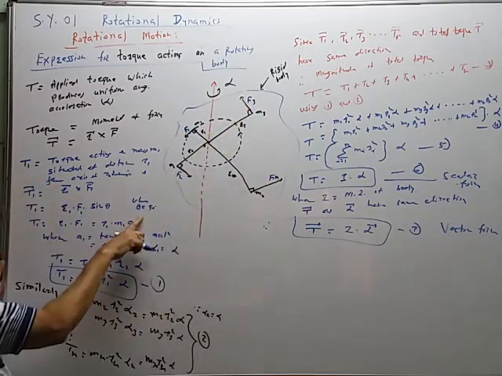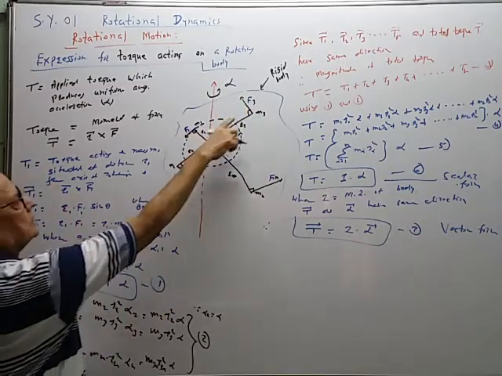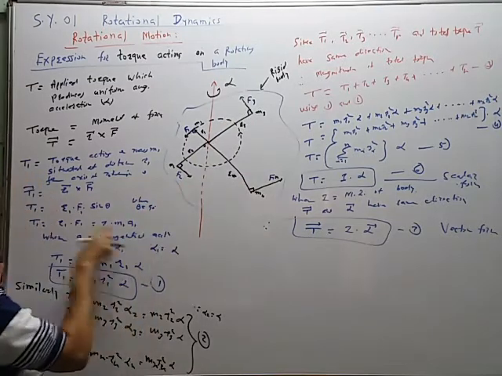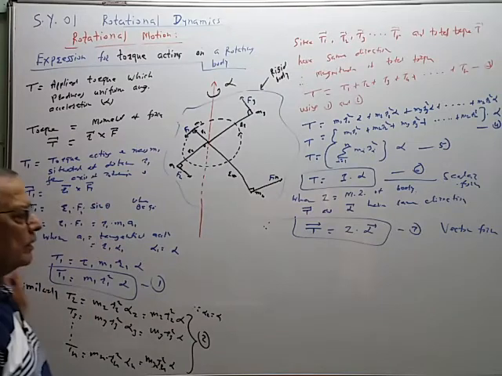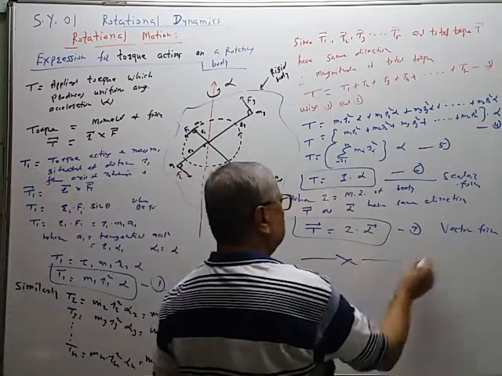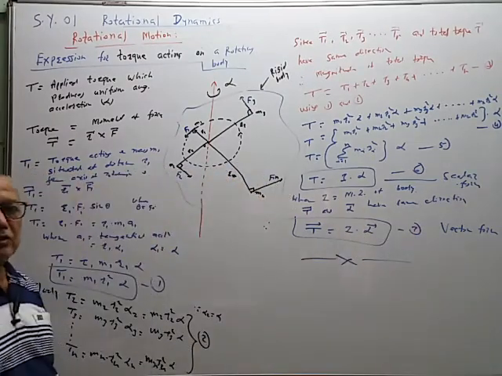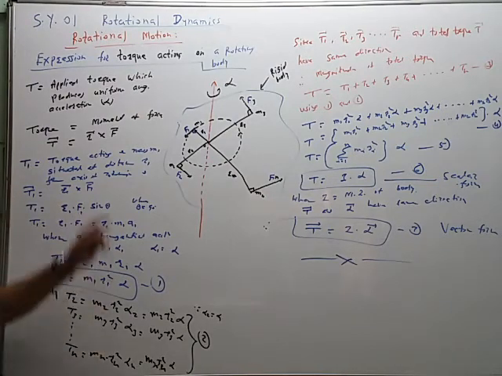So theta is equal to 90 degrees for every case. In every equation this theta is equal to 90 degrees, therefore sin theta will become 1. So this is the equation for the torque acting on the body, which produces the uniform angular acceleration alpha.